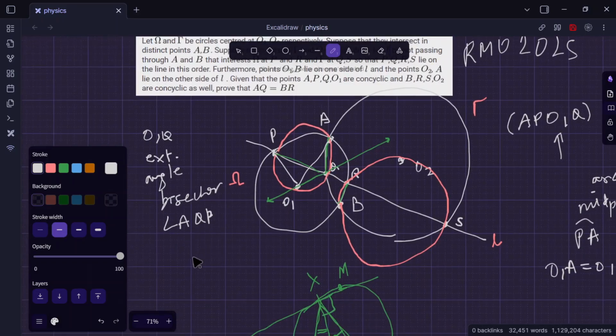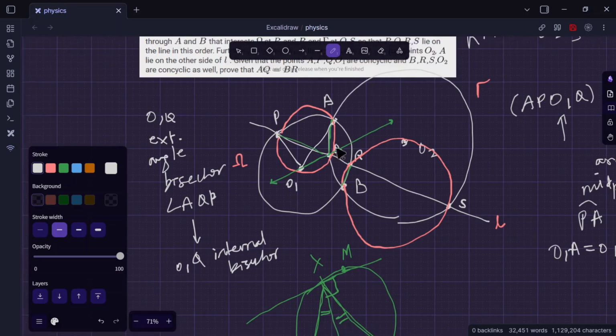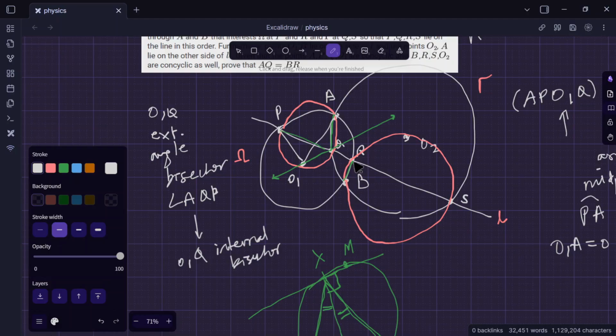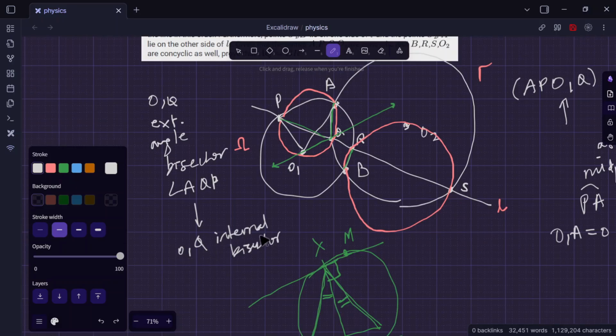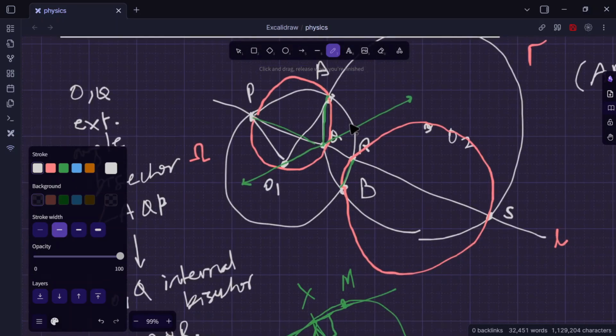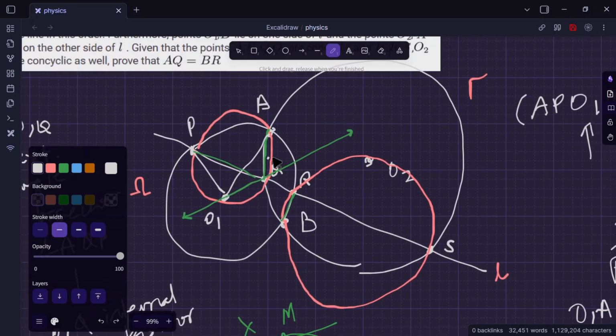And that just means that O1Q is the internal angle bisector of the angle AQR, because this is theta, this is 180 minus theta, and they're joined on the line. So by the definition of external angle bisector, O1Q is the internal angle bisector of angle AQR. Fine. So we know that these two angles, I'll draw them again, are equal.